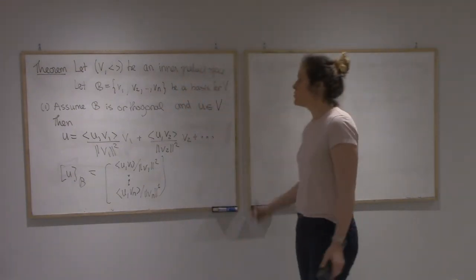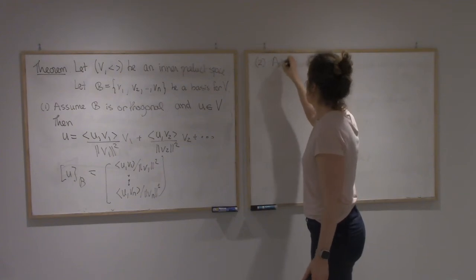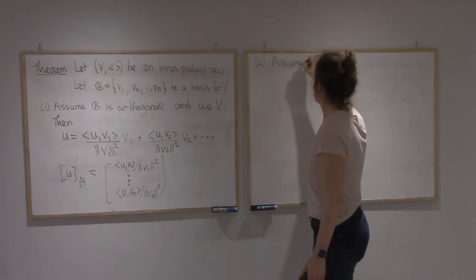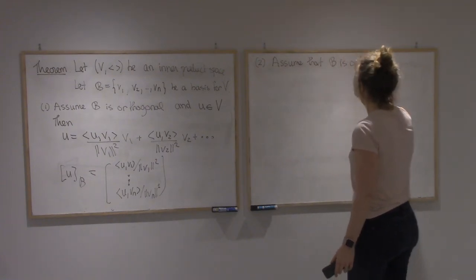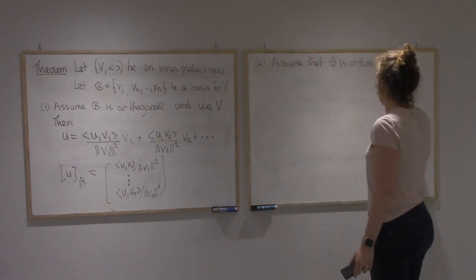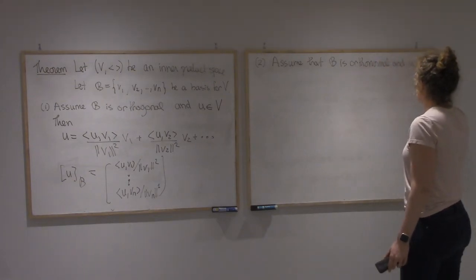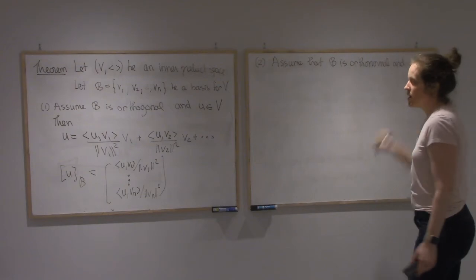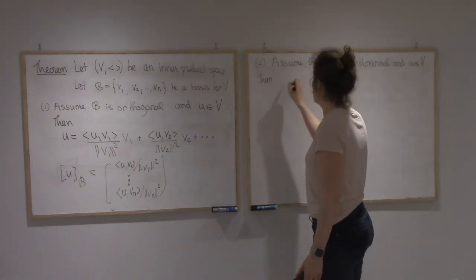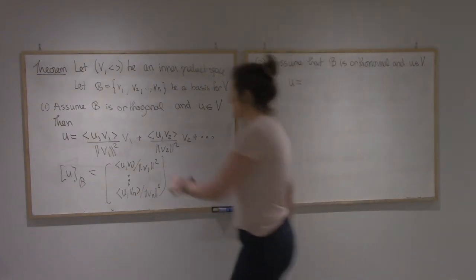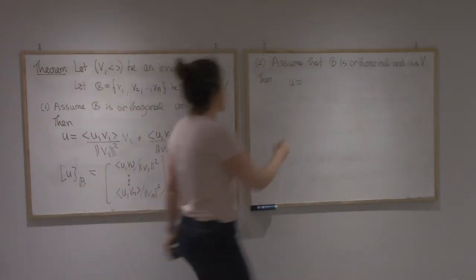And then if B is orthonormal, then it's even better, and you can tell it just follows from this, but let me spell it out. In that case, the lengths of the Vi's are all 1, so they actually disappear.